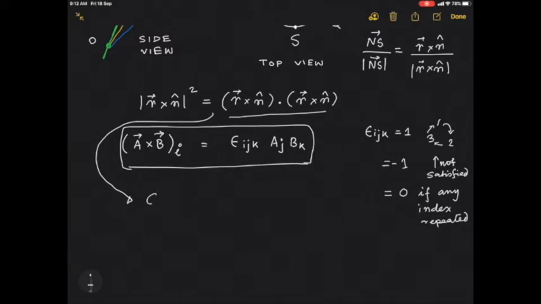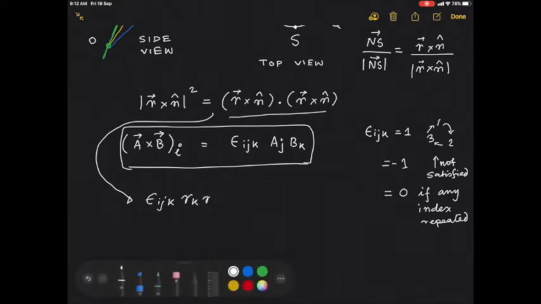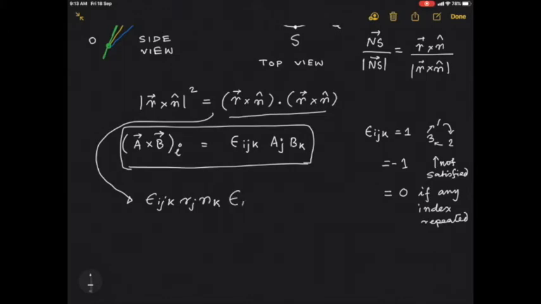So r cross n here is epsilon ijk rj nk. That is the ith component of r cross n cap.